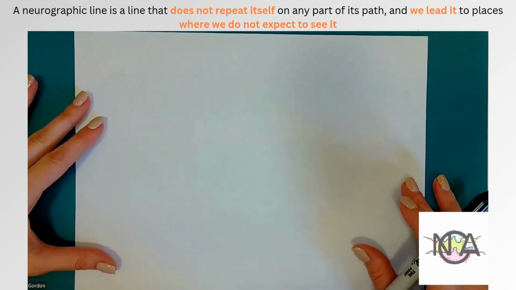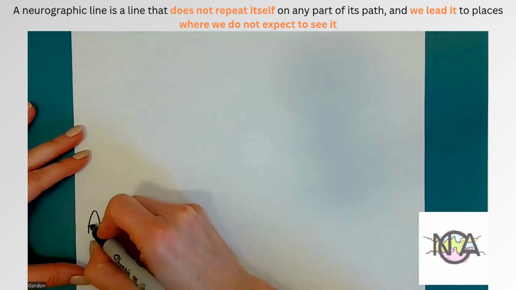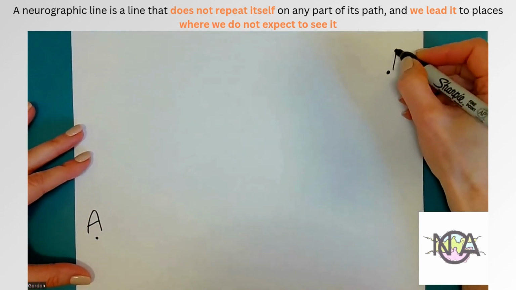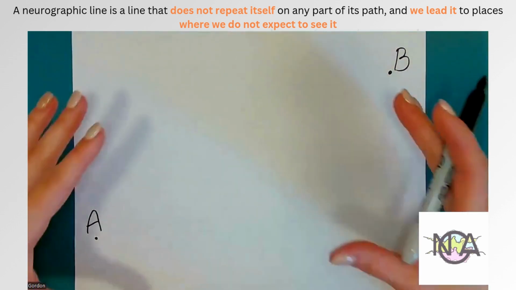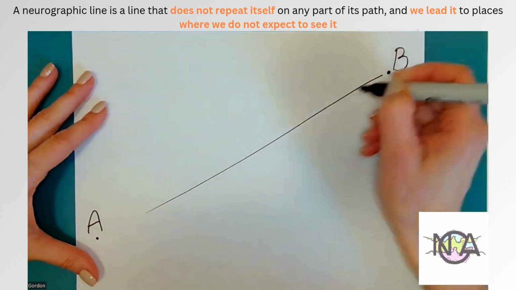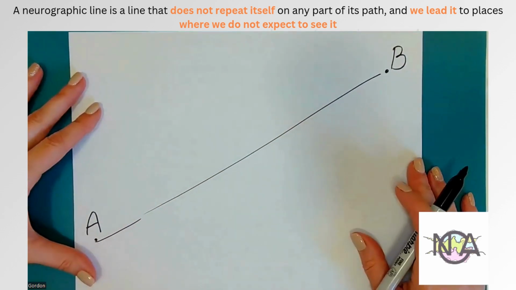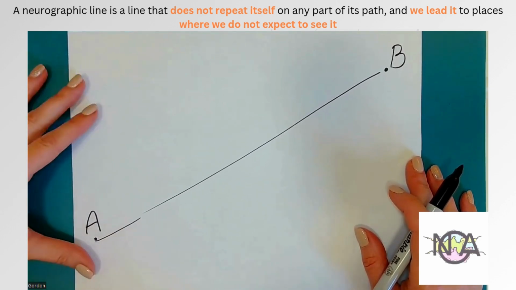When we want to draw a line that comes from the point A to the point B, in the regular situation, when we want to connect these dots, we will draw just a straight line. But we know that straight line is not a neurographic line.